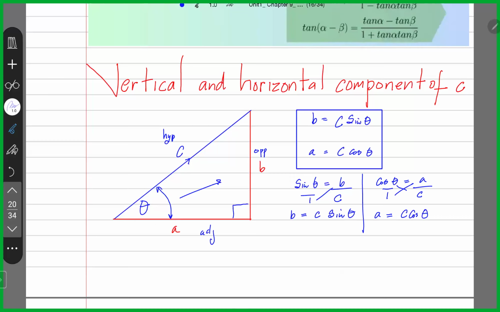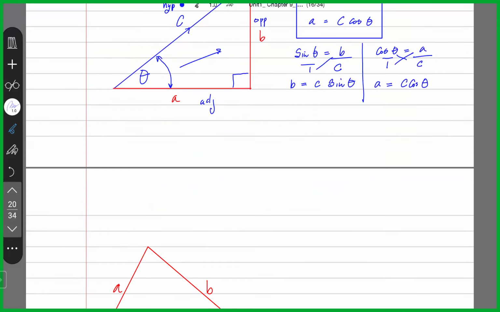So we need to be able to say what the horizontal and vertical component of a vector is. All right, let's go into the proof.